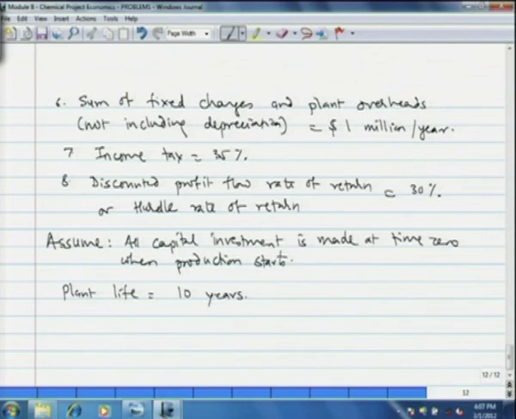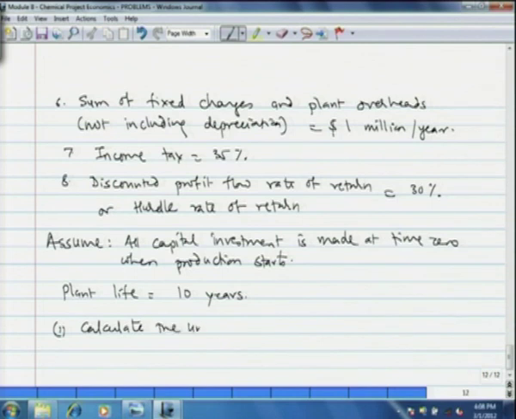For this data, we have to estimate the unit price of the polymer product to have an overall or average return on investment of 30% over 10-year period. That is the first thing that we have to find out.